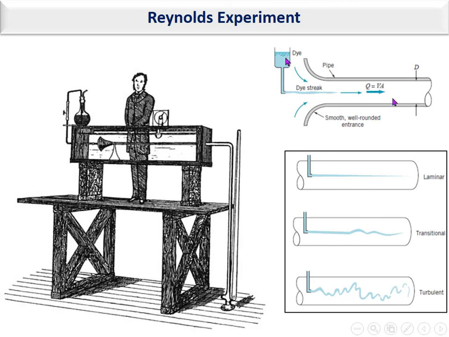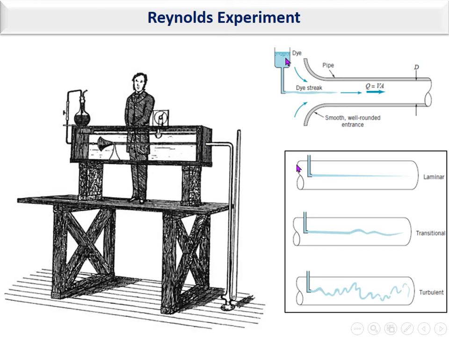This is the glass pipe, and this is a dye streak which is injected into the pipe. The flow in the pipe can be varied, for example, by a valve or something like this. So you can increase the flow velocity within the pipe.